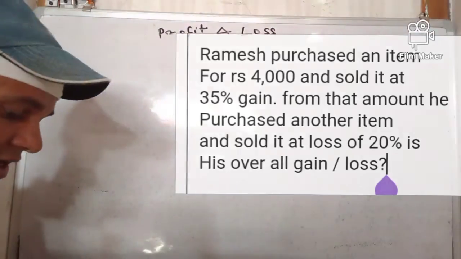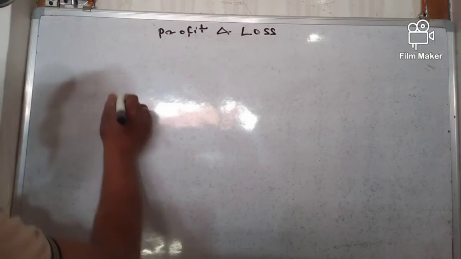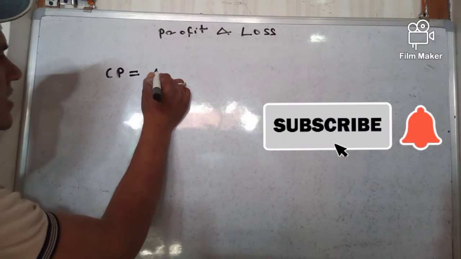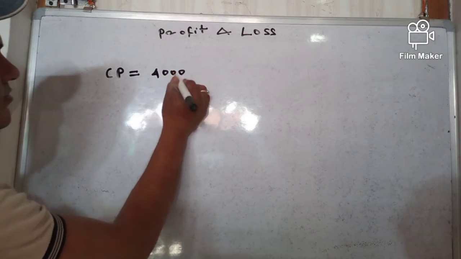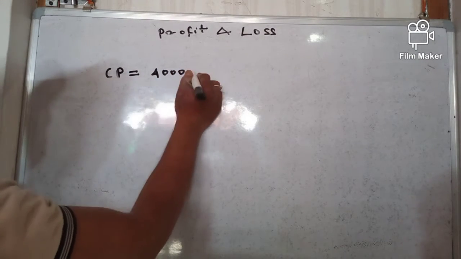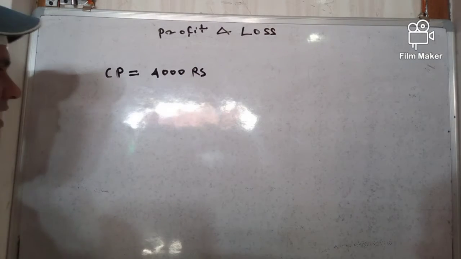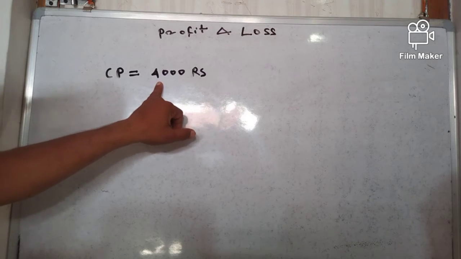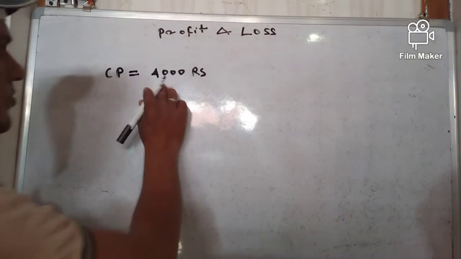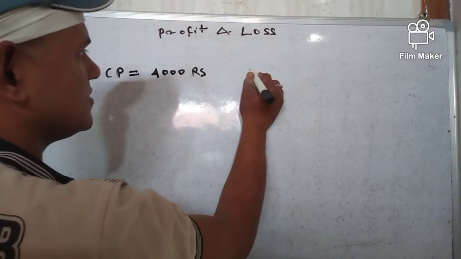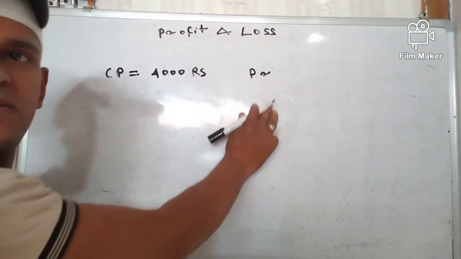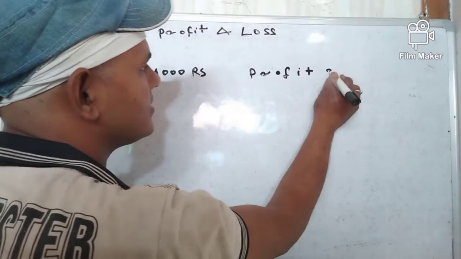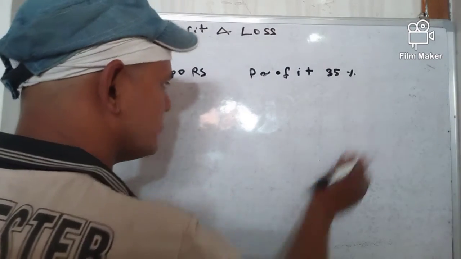So see here very carefully. He purchased, so his cost price equals 4000. Okay, and he gained 35% of this amount, so his profit is 35%.